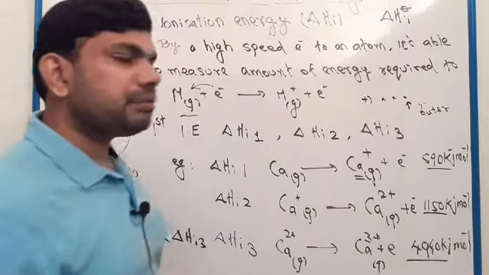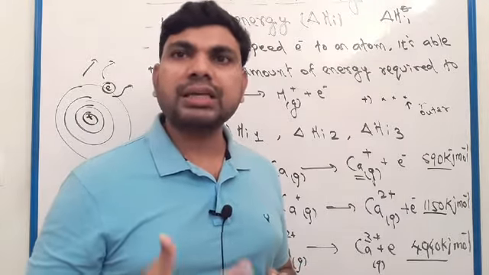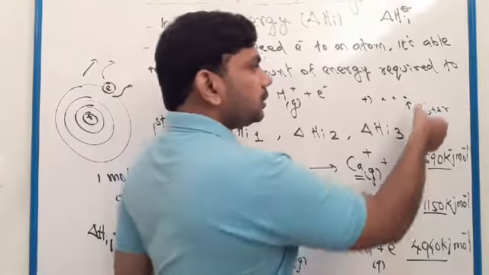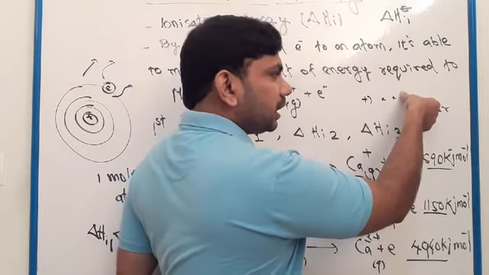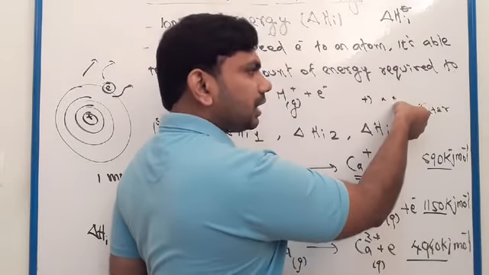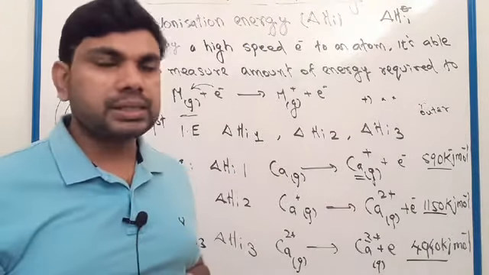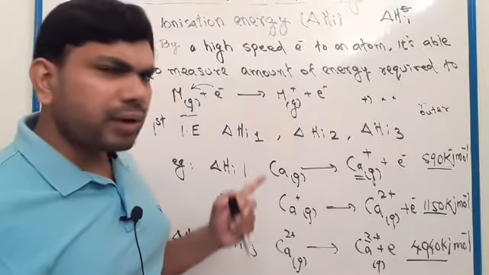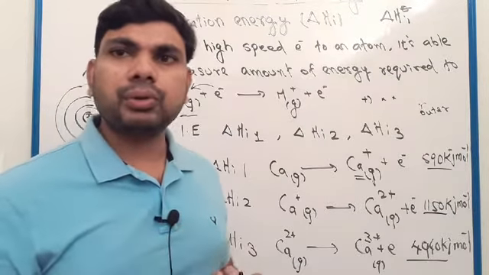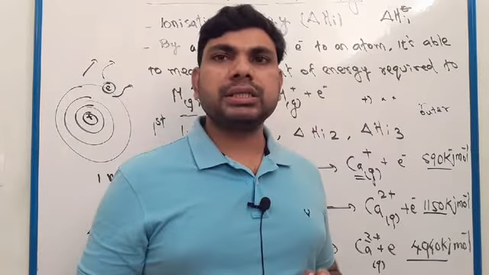So attraction between the nucleus and the outer shell electron will be stronger and it needs more energy. So this is second ionization energy, it is removed. Then the next, third outer shell electron is much more close to the nucleus. So attraction between the nucleus and the outer shell electron will be even stronger and we have to give more energy.